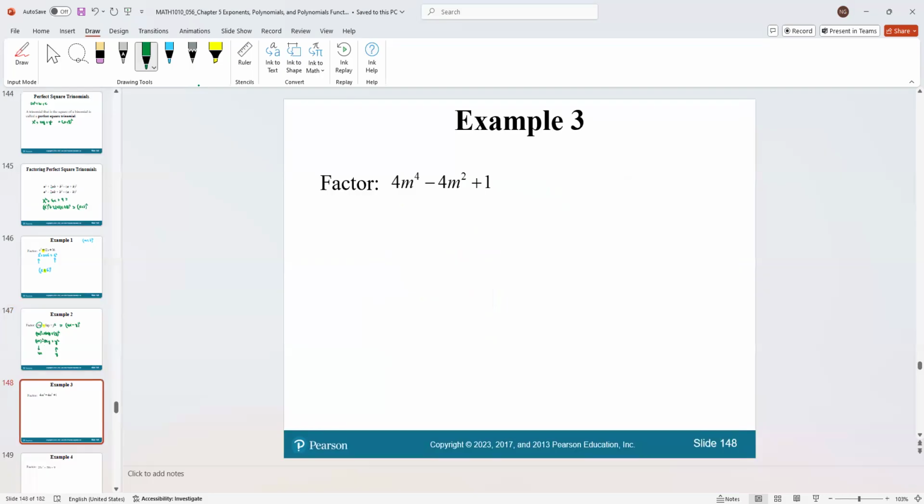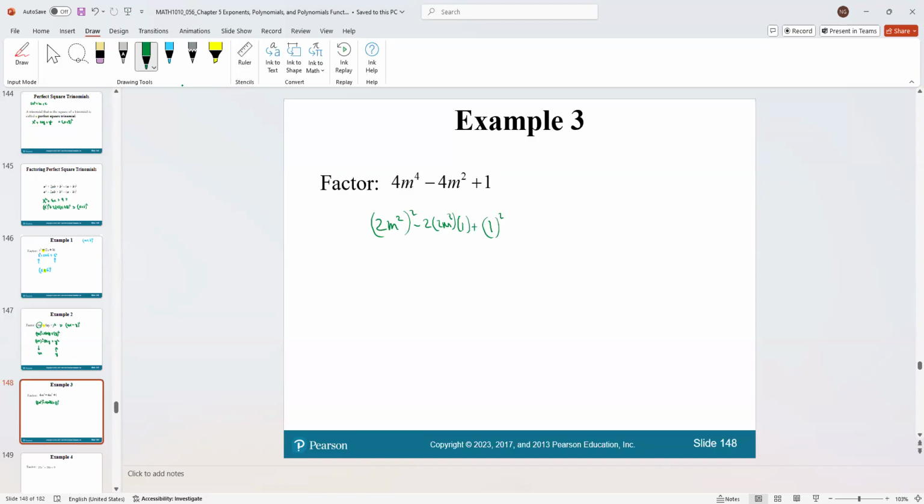Again, here, our problem: what do you raise to power 2 to obtain 4m power 4? If you raise 2m squared to power 2, you would obtain 4m power 4. And if you raise 1 to power 2, you would obtain 1. Now, let's try the middle. If you do 2 times 2m squared times 1, that would be 4m squared.